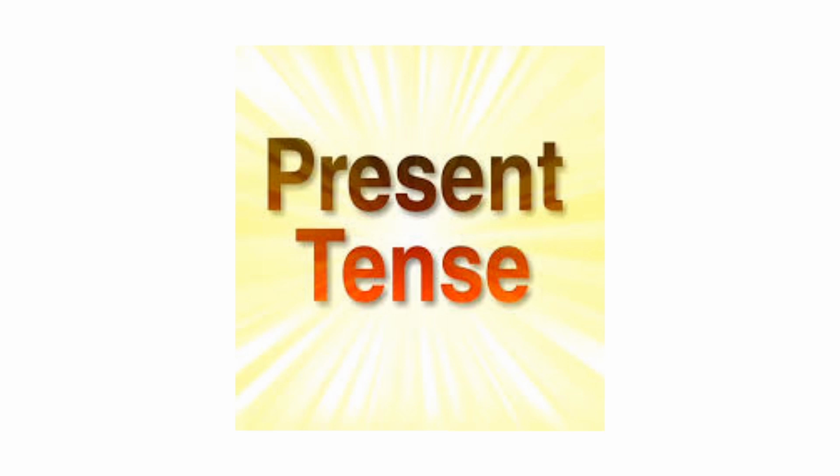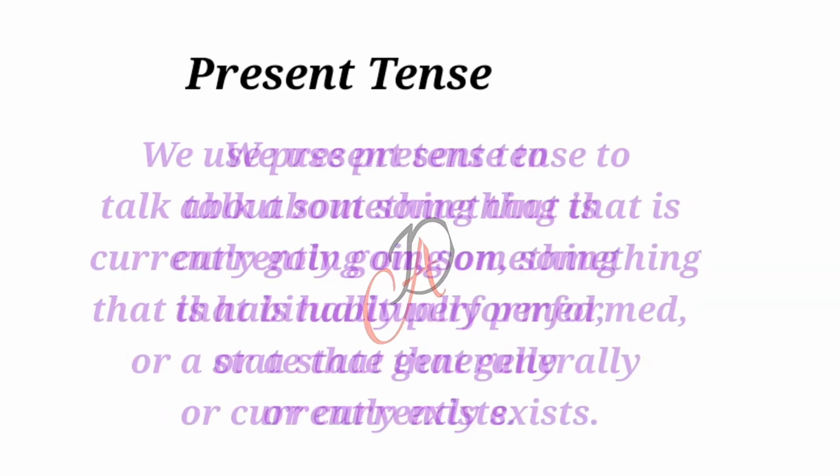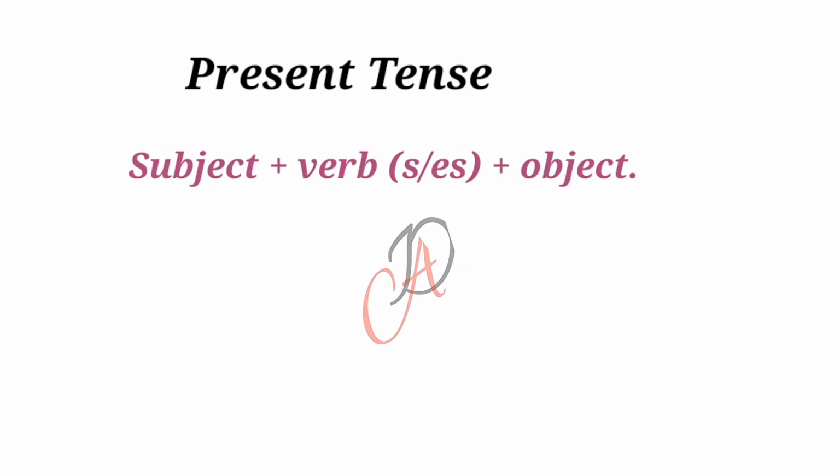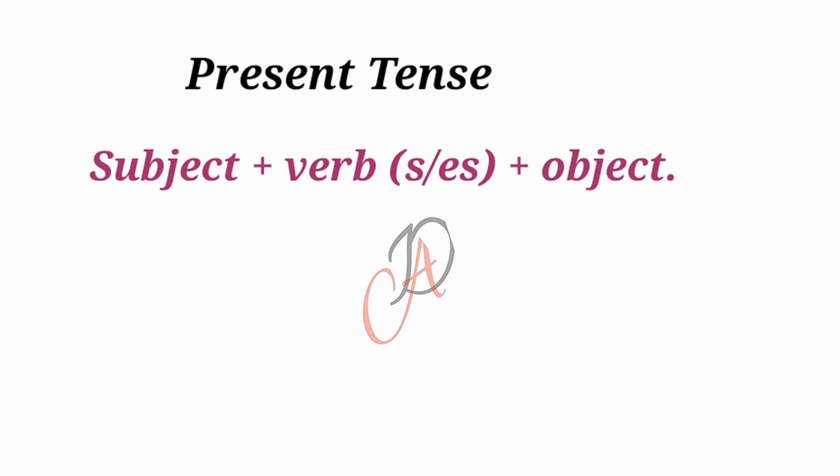The simple present tense, or present tense, is one of the most basic tenses in English. We use present tense to talk about something that is currently going on, something that is habitually performed, or a state that generally or currently exists. And the structure that we use for present tense is subject plus verb with s or es plus object. So let's see some of the examples.